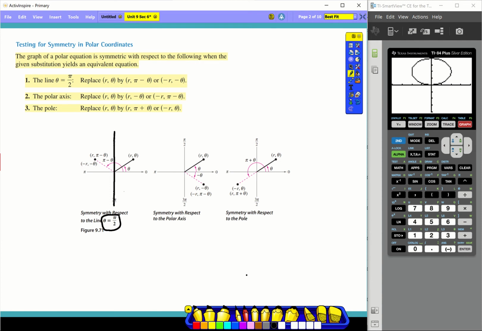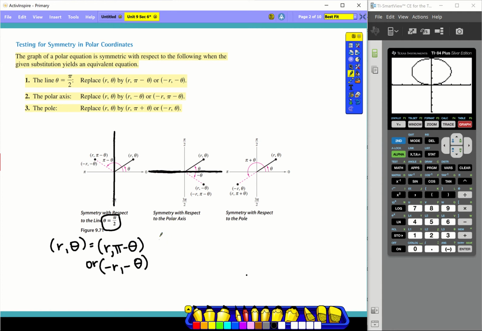So that means that if I have r and theta, it's the same thing as r, pi minus theta or minus r, minus theta. So the polar axis is this axis right here.